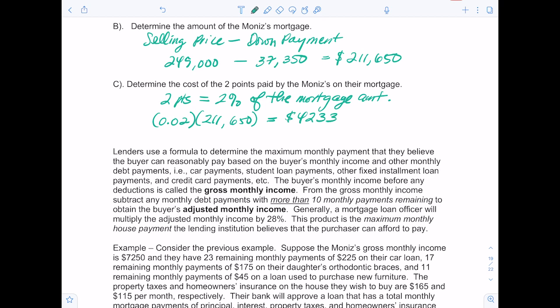So what this means is at the closing, the Monazes will pay $37,350 to the seller, and then they will pay $4,233 to the bank. So this amount goes to the seller, whereas this amount goes to the bank at closing.